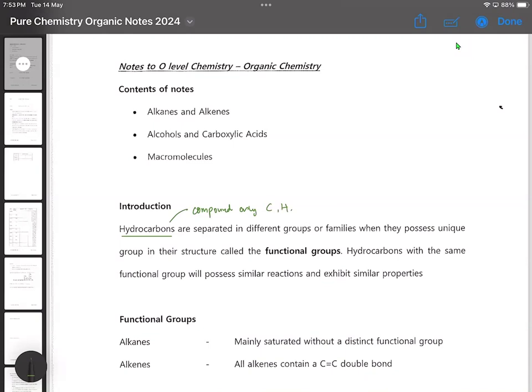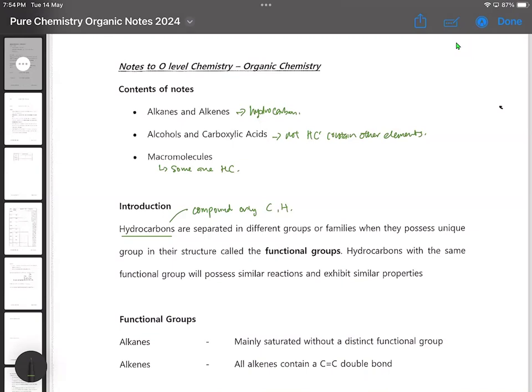So these two substances are hydrocarbons. These two are not hydrocarbons because they contain other elements. Macromolecules, some are hydrocarbons. Again, you don't need to memorize which one is which. You need to understand hydrocarbon is just C and H.